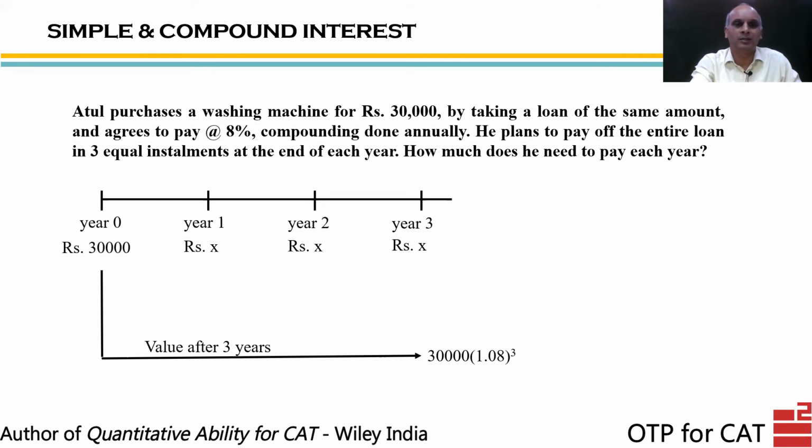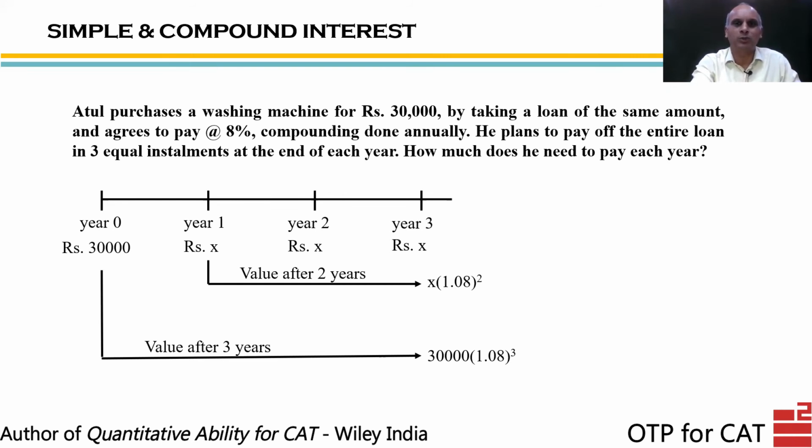So it is 30,000 into 1.08 cube, because R is 8%. Similarly, the amount of money which I am paying by way of installment, that is X rupees at the end of first year, what will be the value of that X rupees at the end of third year? That means from first year to third year, that's a gap of 2 years. So it will become X into 1.08 square.